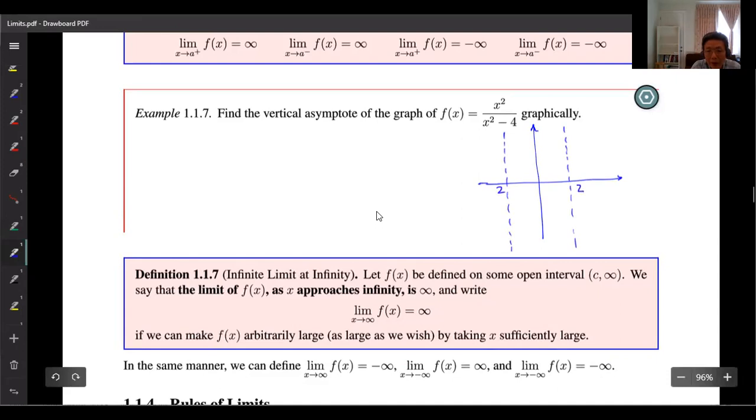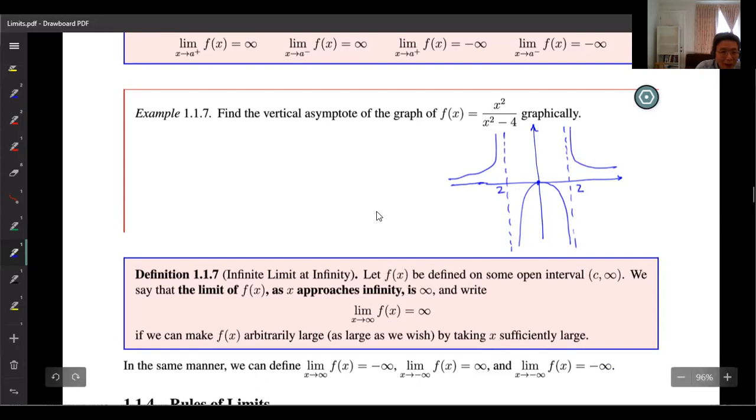When you plug in 0, you get 0. For x between 0 and 2, I got this. That's your graph, either given to you or you just use a calculator to get the graph.